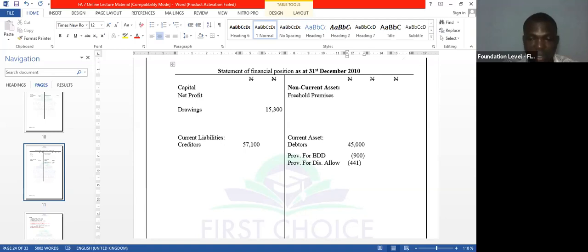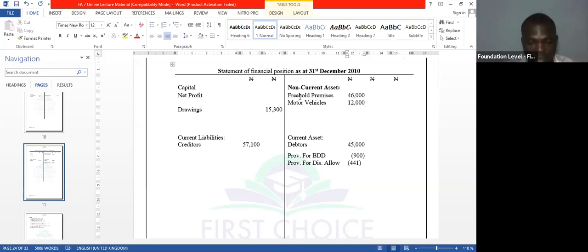So the next one that we have is motor vehicle. Motor vehicle also is an asset. What is the cost for the motor vehicle? 12,000. Can you see? I'm putting the cost here. Okay, so we have the 12,000.